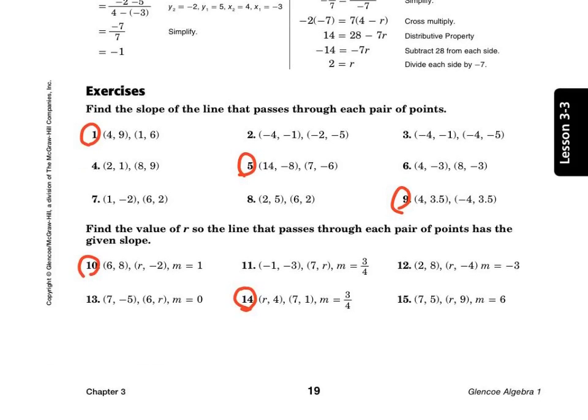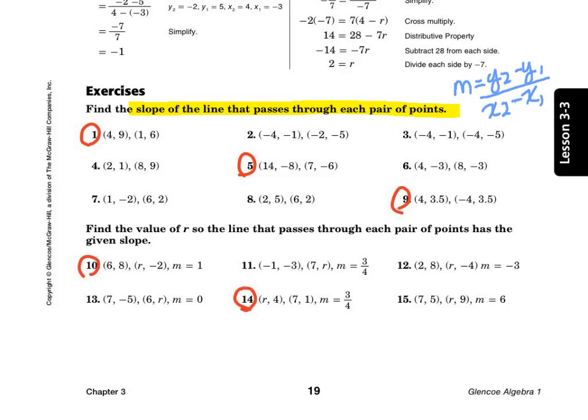All right, so a little independent practice here. For numbers 1, 5, and 9, you're going to find the slope of the line that passes through the pair of points. So that means you're going to use the slope formula. M equals y2 minus y1 over x2 minus x1. Okay?